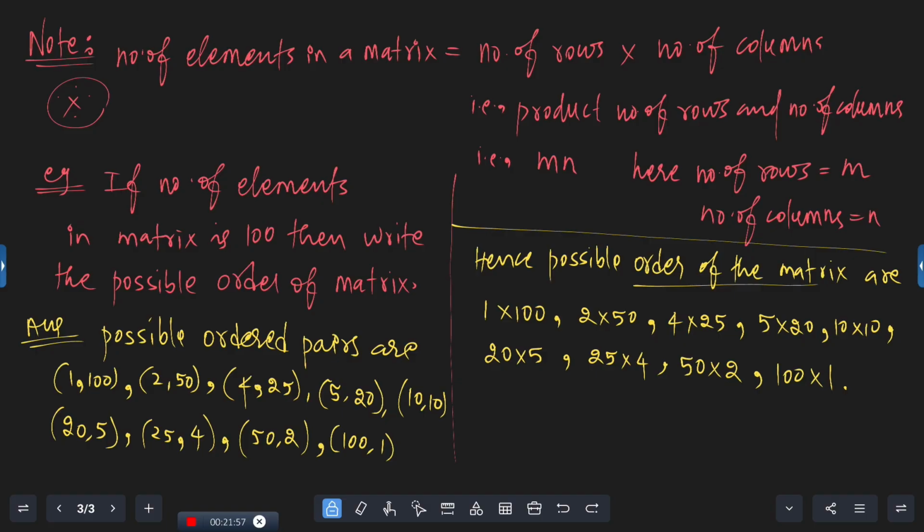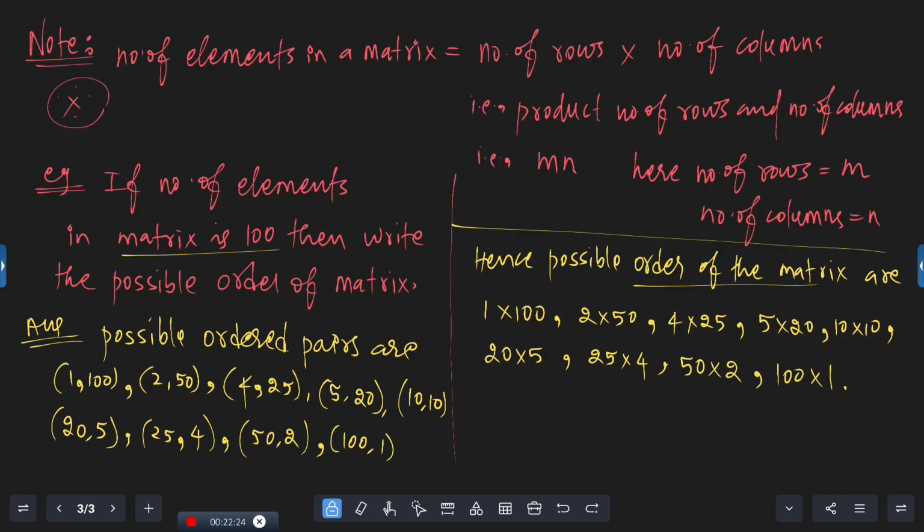That is what Krishna said. Number of elements 100, he liked. So we gave it in this. Understand? But don't think they will give this much bigger. They will give 17, 5, 7. If the number of elements is 17, what is the possible order? 17 by 1 and like that. So how many are possible?